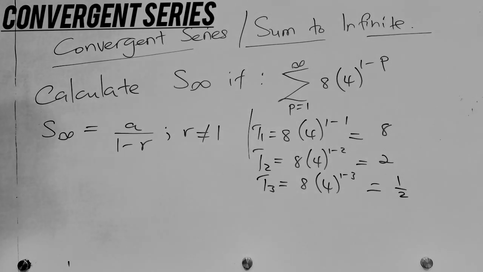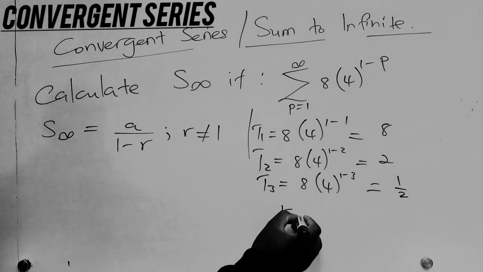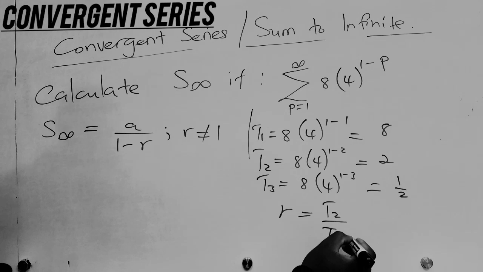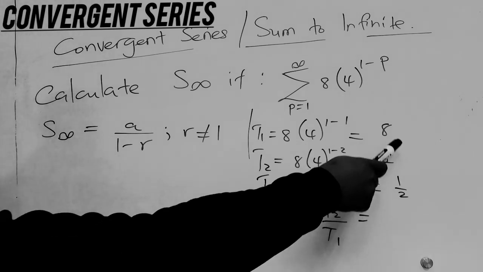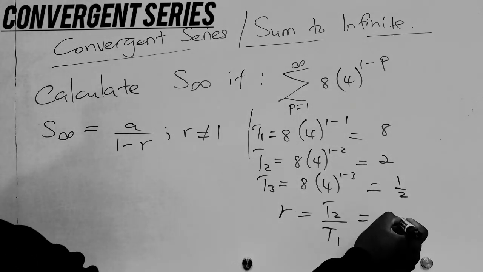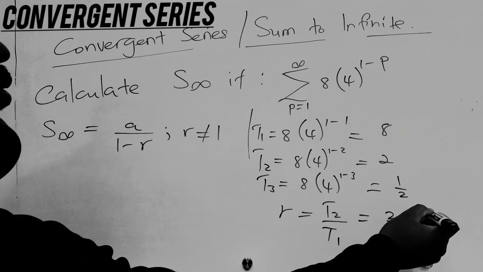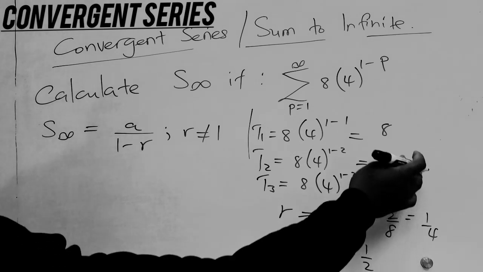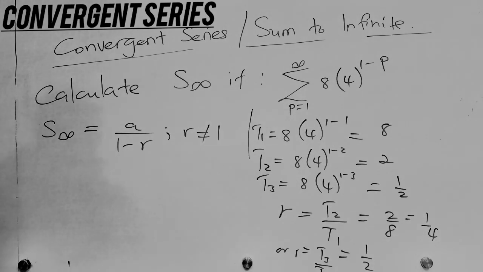Then from there, now we need to find the ratio. r is equal to T2 divided by T1. Our T2 is 2 divided by 8, which is equal to 1/4. Or you can calculate it like this: T3 divided by T2. T3 is half divided by 2. The sign we invert to change to 1/2, which is 1/4.